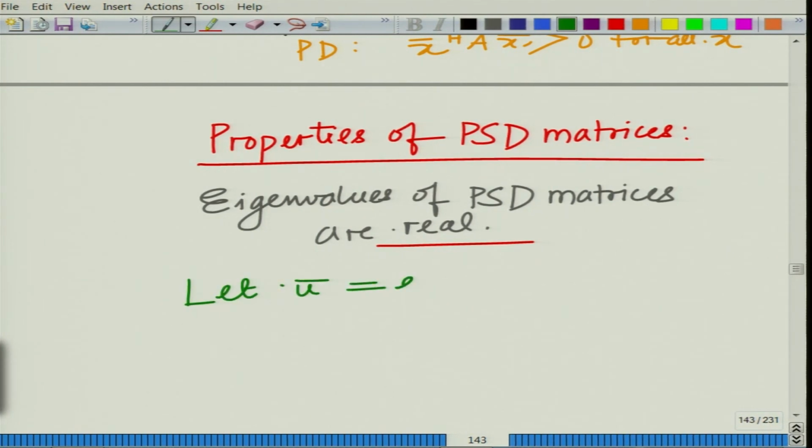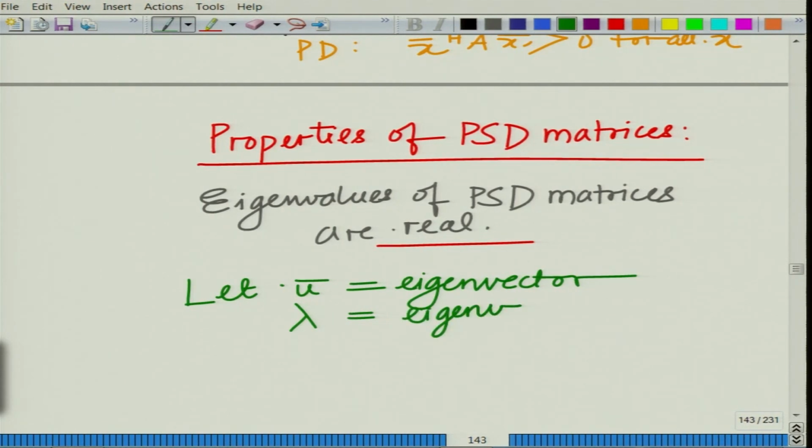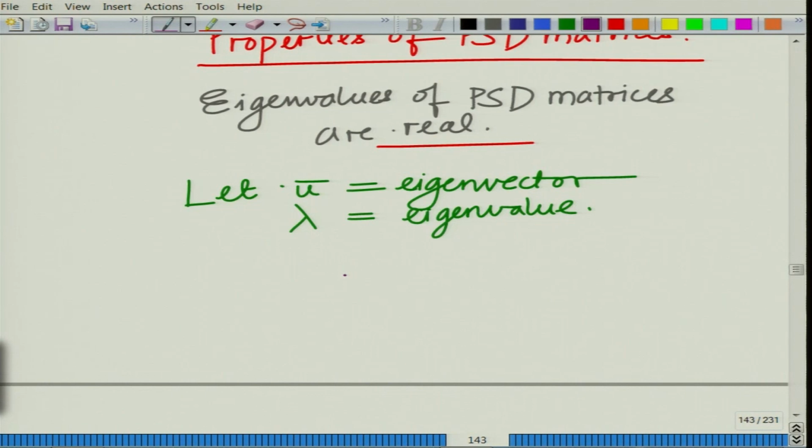Let u bar equal an eigenvector and lambda equal the corresponding eigenvalue, such that we have A u bar equals lambda u bar, where A is, as we have said, a PSD matrix.